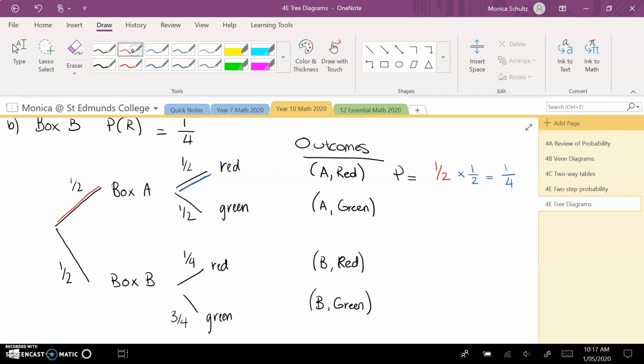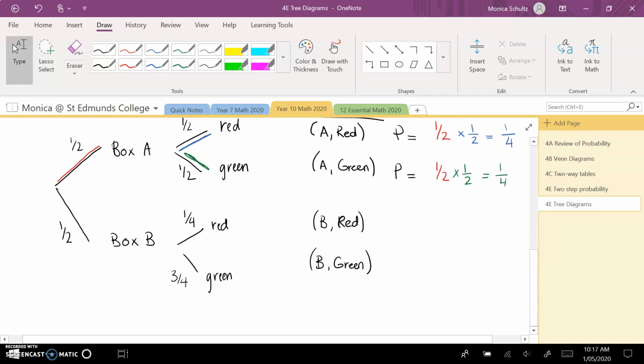I'm going to do the same thing for my next one: a half times a half. When it comes to box A, it doesn't make a difference. The probability of picking a red or a green is exactly the same. They're both going to be a quarter chance.